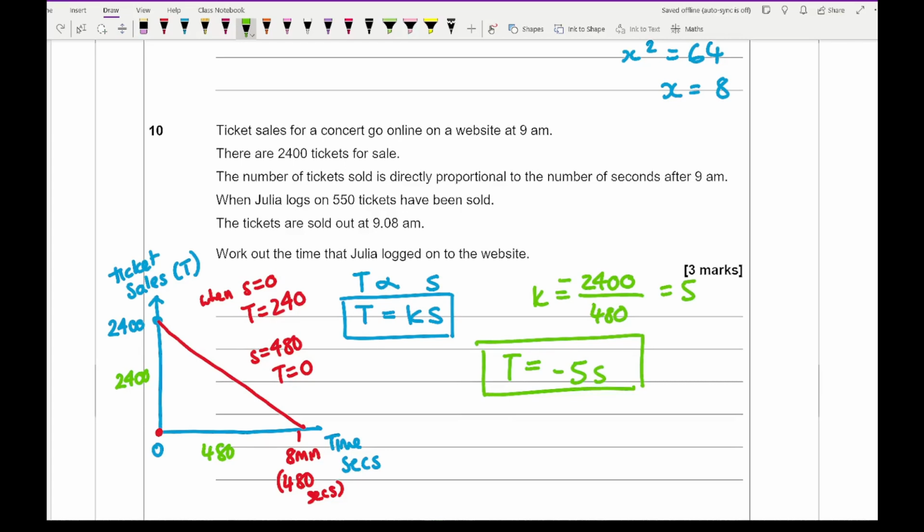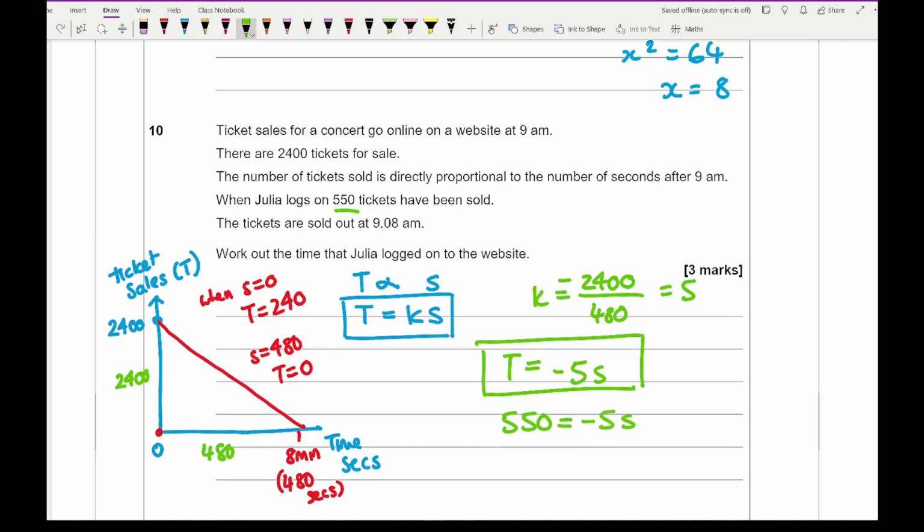Now in this formula it says that when Julia logged on, 550 tickets had been sold. So in terms of that, how many tickets have been left? Well, from that, what we then need to do is 550 equals minus 5S.